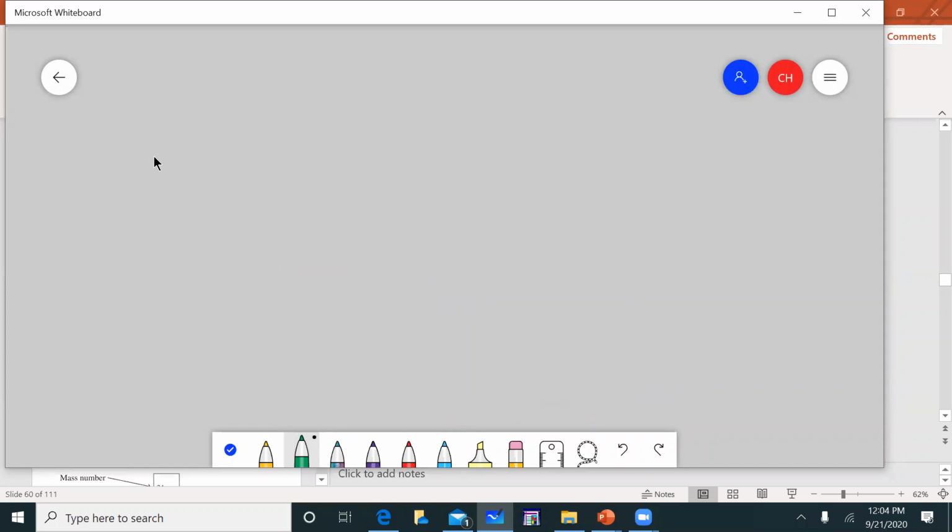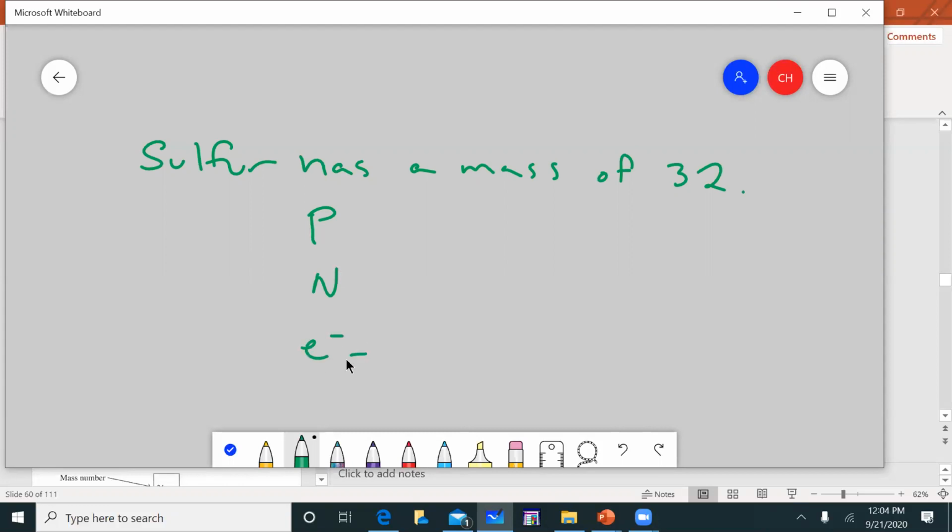Okay, so sulfur has a mass of 32. I want you to tell me the number of protons, number of neutrons, and the number of electrons. Similar question to the last one, just a different material.